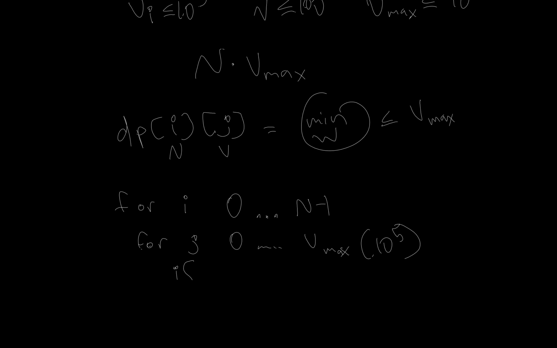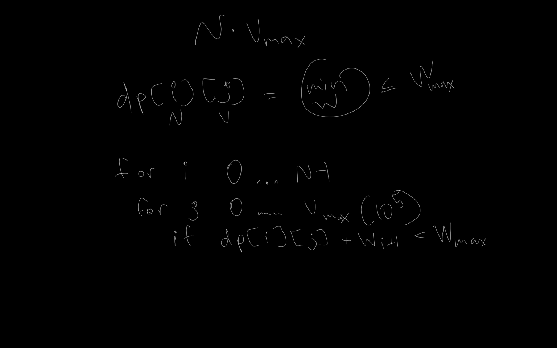And then basically we're trying to say, okay, whatever is the minimum weight to reach this value, which is dp[i][j], if we add the weight for my new item, which is i plus 1, then if this is less than W max, then we can update the value, right? So the new value would be i plus 1, we're including the next item, and j is the value, right?